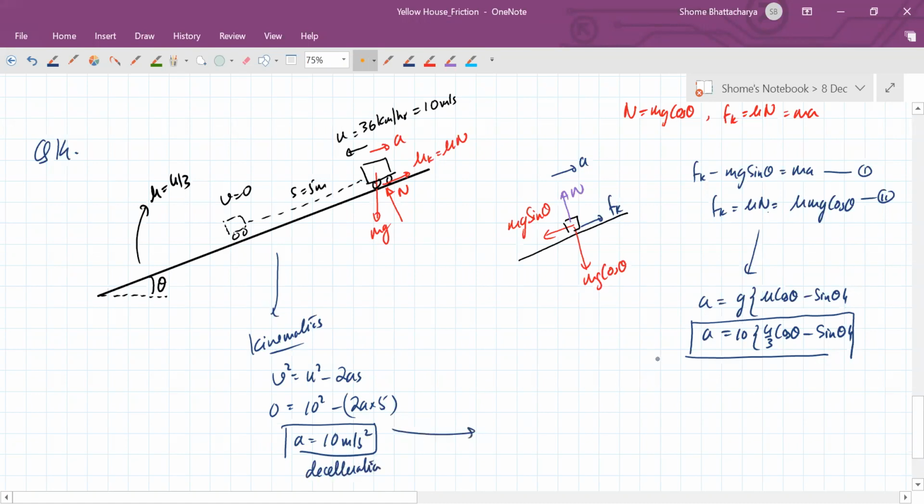So now you connect these two equations. So your 10 should be equal to 10 into 4 by 3 cos theta minus sin theta. Okay.